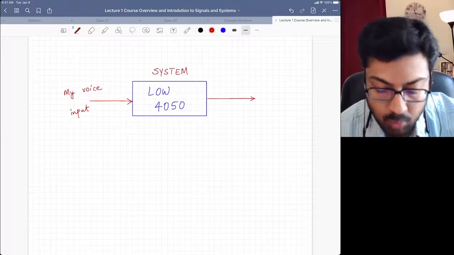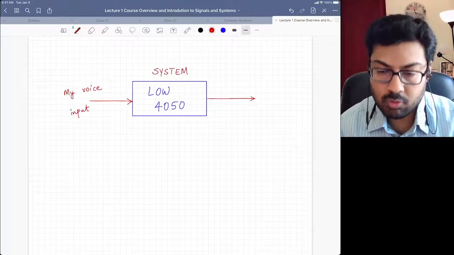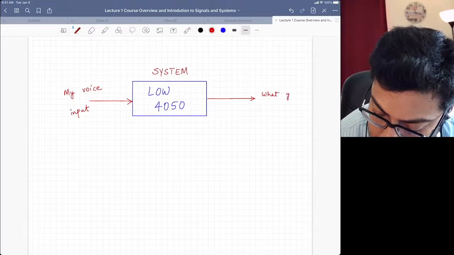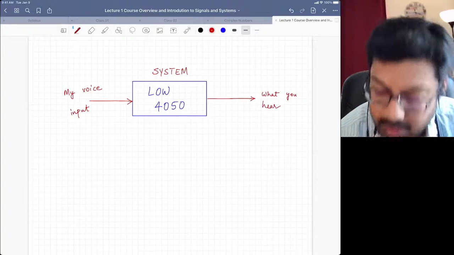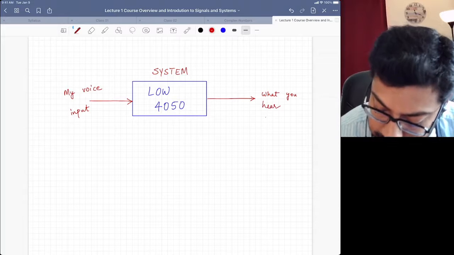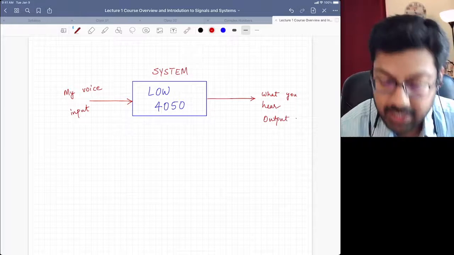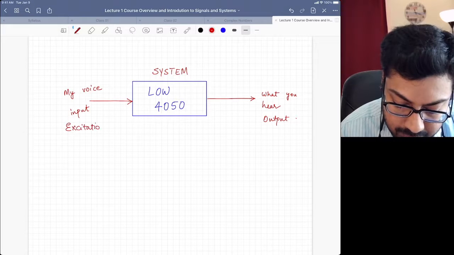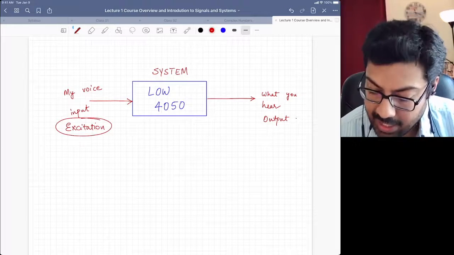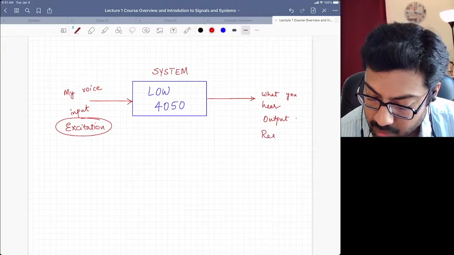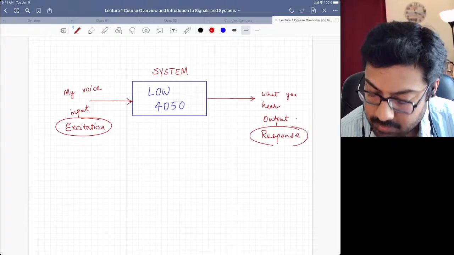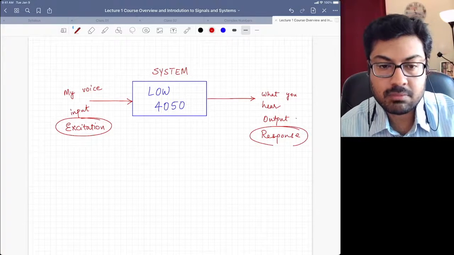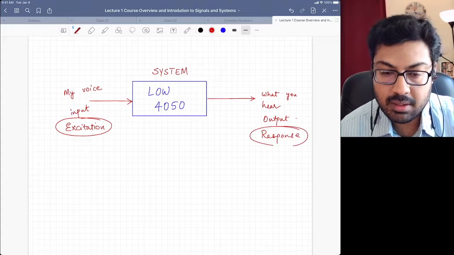So I made my voice as an input to this particular room, and what you hear is going to be your output signal, right? So here you have this excitation or input, and on the way to the right you have the response of the room. So you've got your voice as the input system and what you hear as the response.